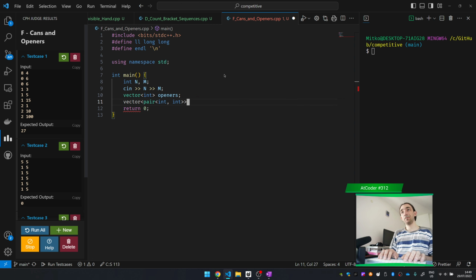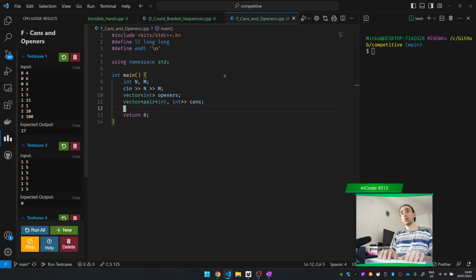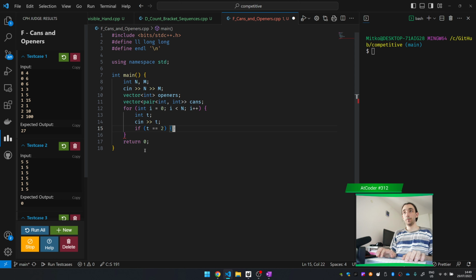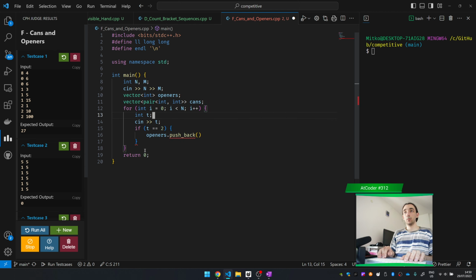So yeah. So these are cans. And then for each of these n, I get a type, and then if type is 2, if it's an opener, then openers push back. Wait, I can just read x here as well.